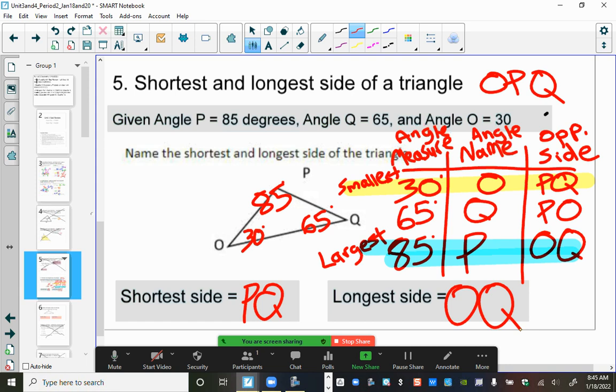Set up your chart. It's going to help you go from smallest to largest, and whatever your smallest angle is, the other two letters are your smallest side, or vice versa. Whatever your shortest side is, the opposite angle is going to be the smallest angle. Okay, questions before we continue? Because the next problem is going to be just like this problem. Make plans on setting up a chart.